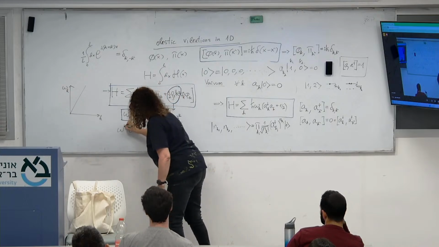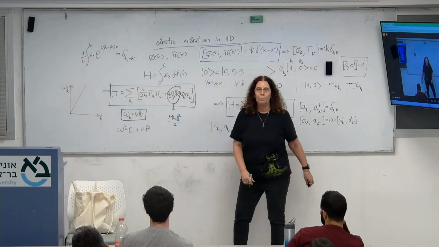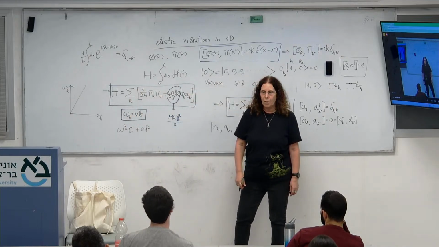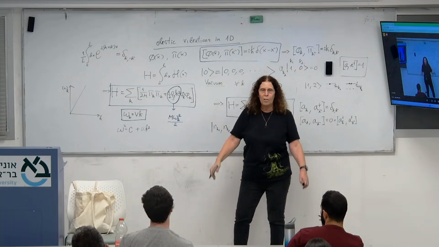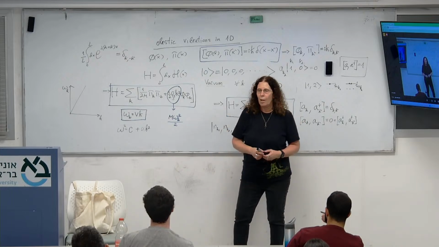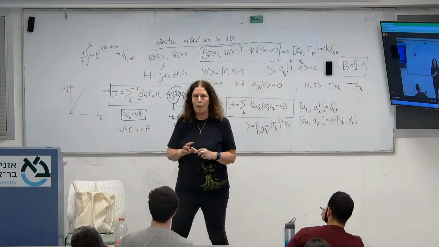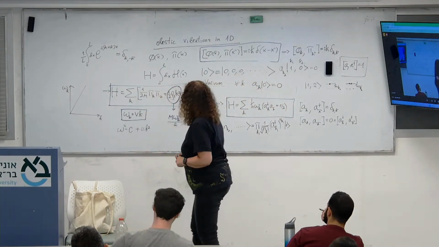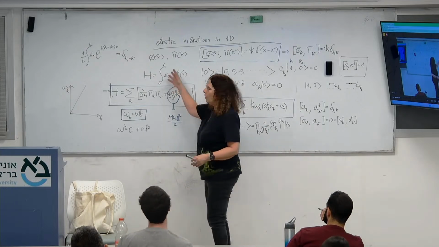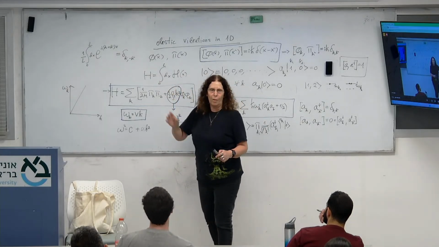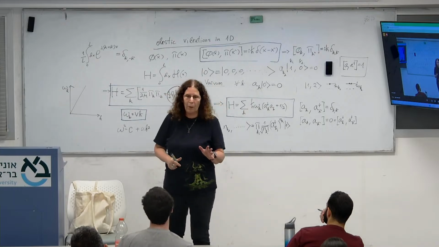Actually, this is what you're going to find, and this is the typical dispersion of optical phonons. In your first homework exercise, you will see such an example, which is an extension of the original field theory.